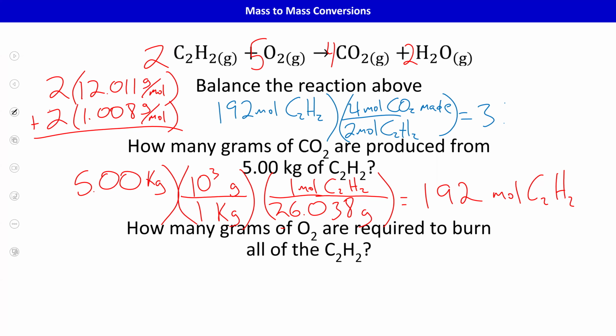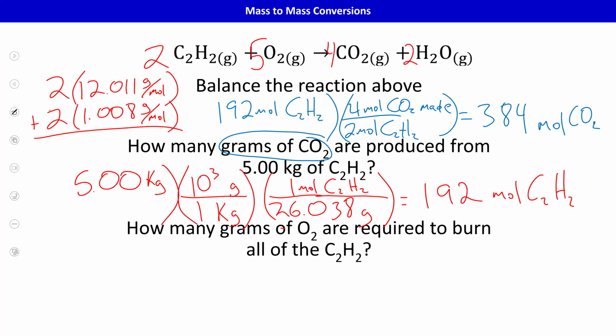So 384. And then we go back to our final question here. We want grams of CO2, or in moles of CO2. So it's just another atomic mass conversion.